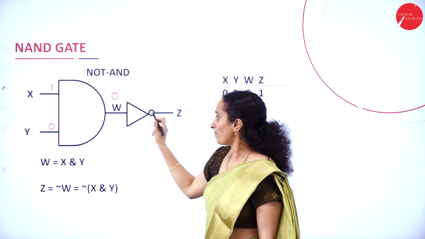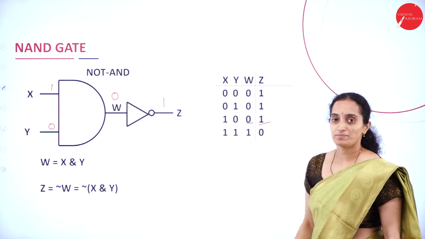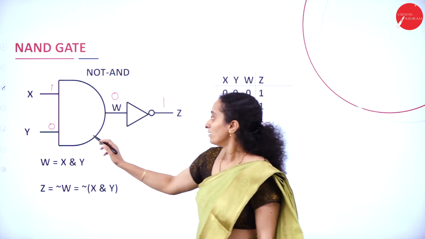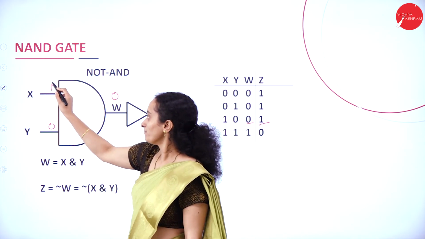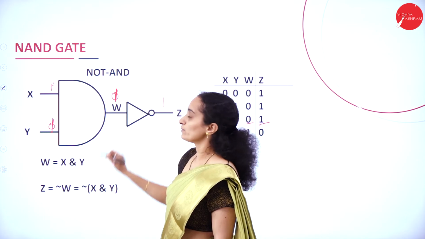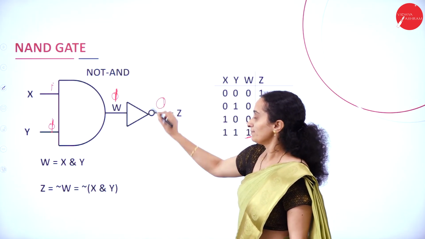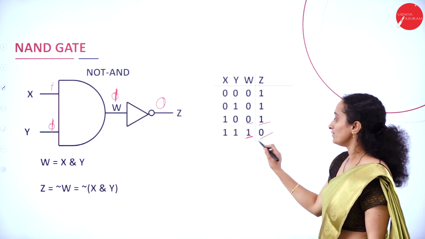When the 0 passes through the NOT gate, it will produce 1, isn't it? Now we have the last one, when both are 1. 1 into 1 produces 1. When it passes through the NOT gate, this will become 0.